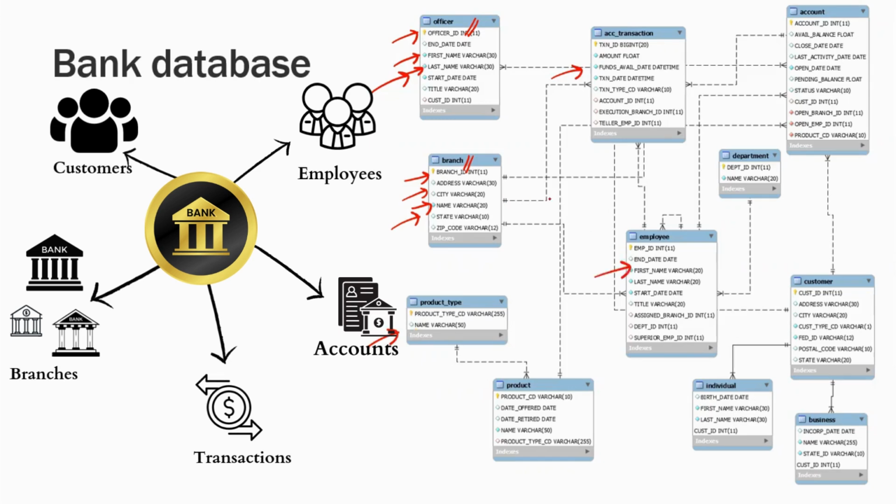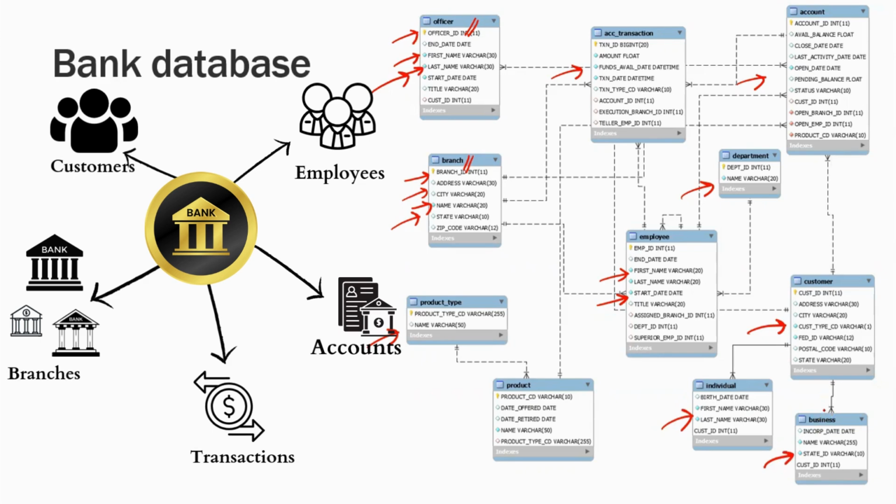Employee related data within each branch, how many employees are there, what is the start date, what is the end date, what is the first name, last name, what is the employee ID and all that. Okay. Account related data, department related data, customers, obviously bank will have customers, customer related data. Within customers there are two types, one is individual customers, other one is business type customers. Even banks have corporate accounts, they will be handling. So this is one database that is used in a bank.